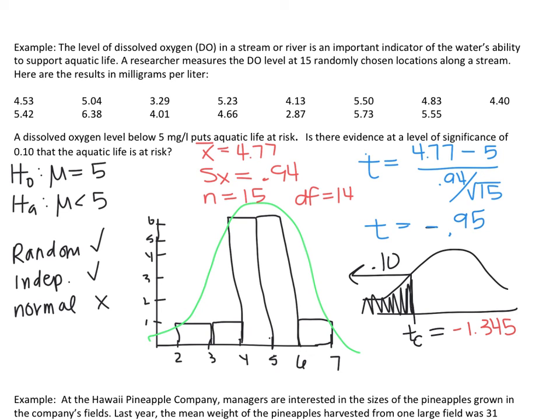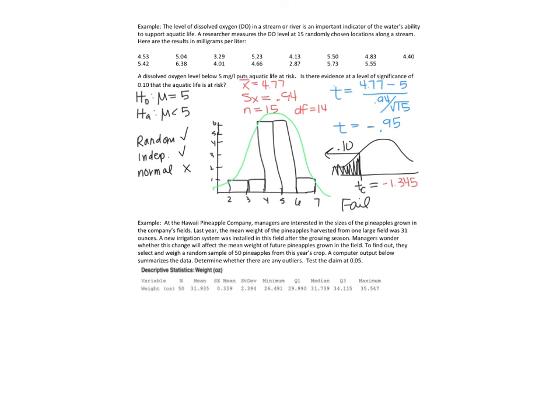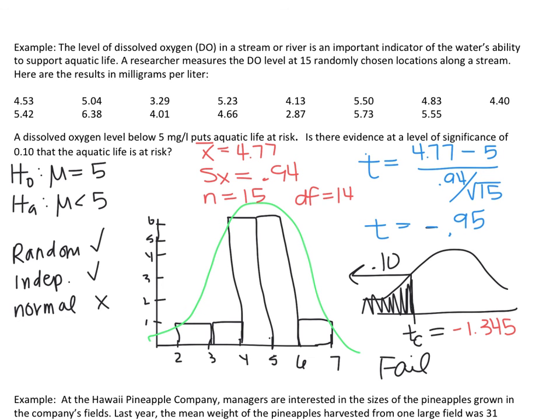So now the question is, is our t-value negative 0.95 within our critical region? And negative 0.95 is not less than negative 1.345, so it is not, which means we fail to reject our null hypothesis.